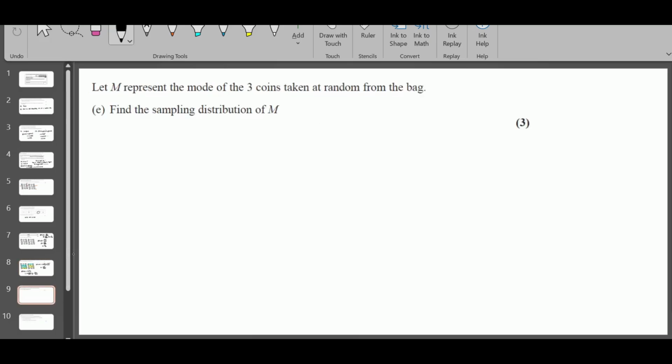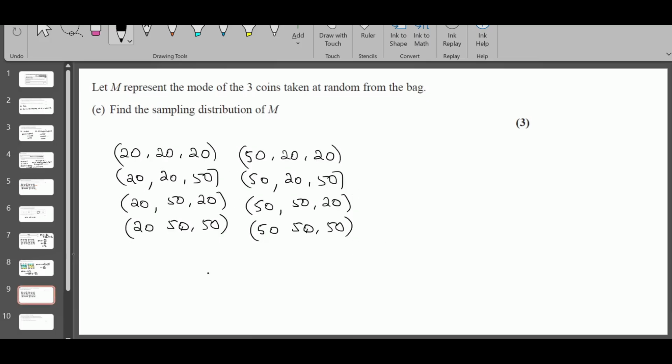Part C now. Let M represent the mode of the 3 coins taken. I'm going to put all the combinations here and let's find the mode of each combination. The mode is the most repeated one. Here is 20, 20, 20, 20, and then 50 here, 50 here, 50 here, 50 here.